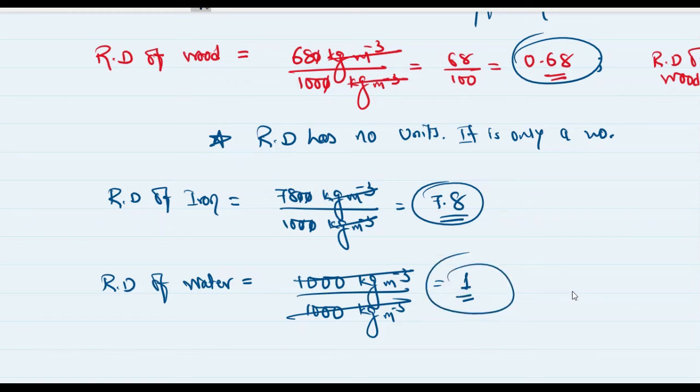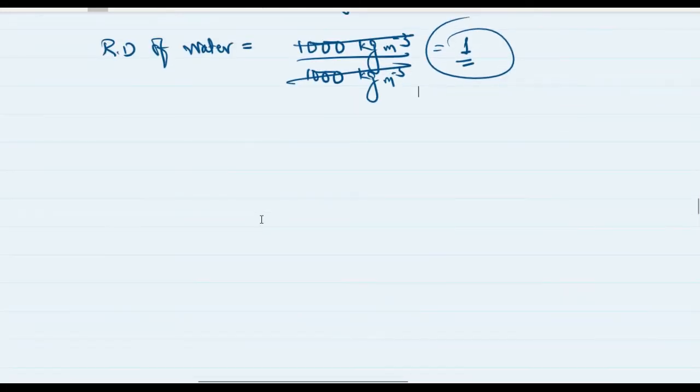Okay, so the relation of sinking and floating objects with their relative densities is given as over here. Okay, let me write it.